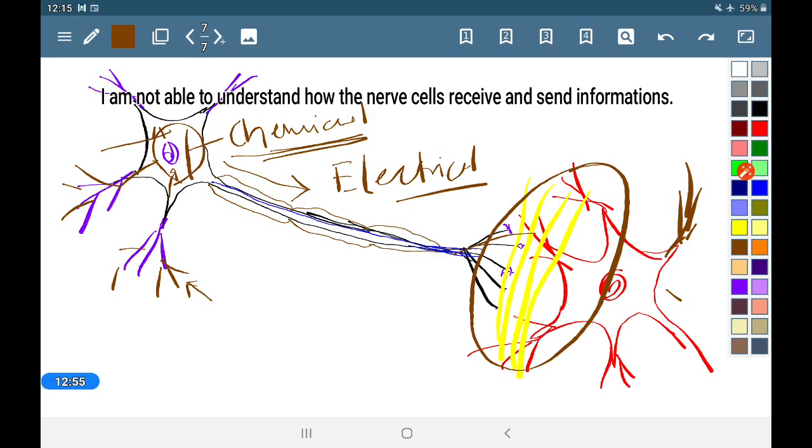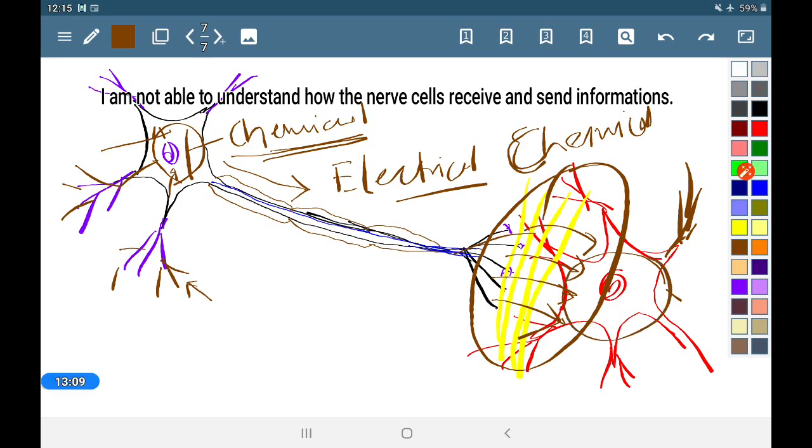This area again turns it into chemical format, and the impulse goes across in chemical form. So the next cyton will receive it again in a chemical way, and again it will send it along the long areas in electrical form. So this is the receiving and sending.